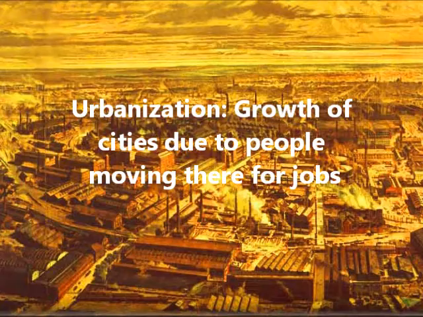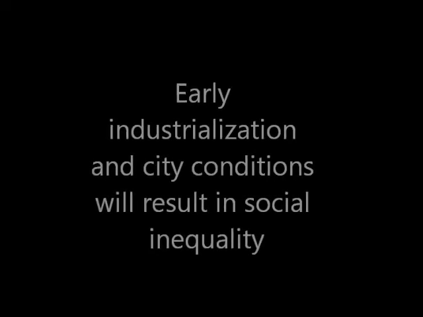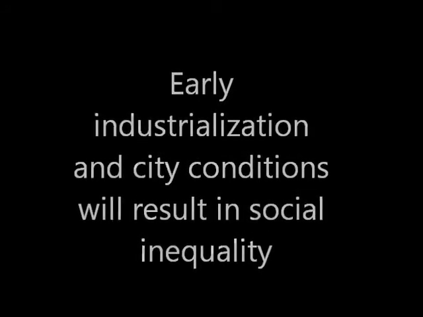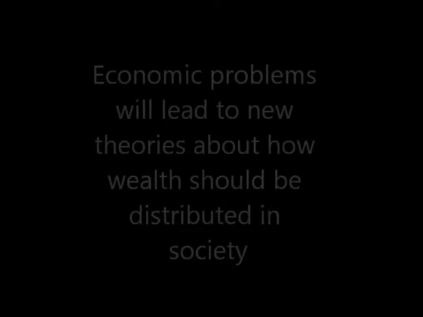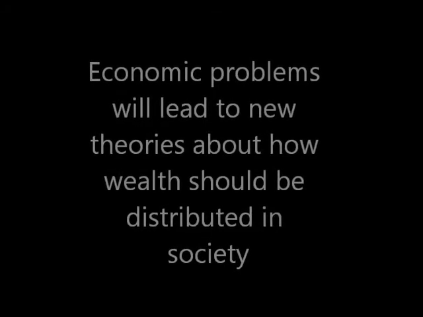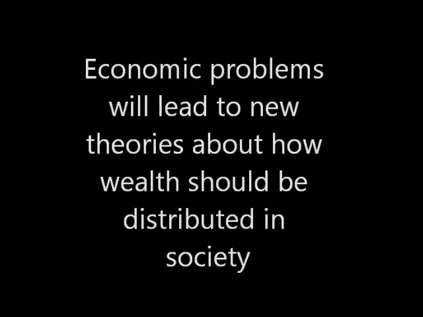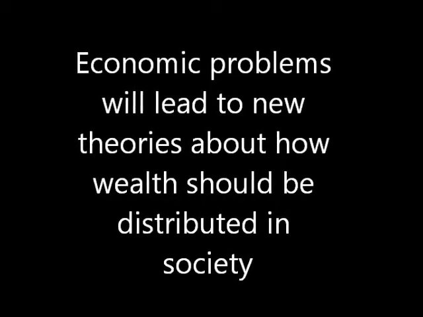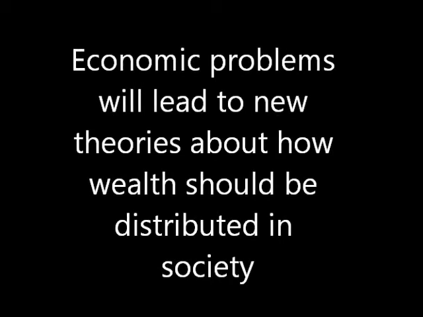What we will begin to see across Europe is the development of mass economic inequality because of early industrialization. These economic problems will lead to new social theories. So basically, the other revolutions that directly resulted in changes in policies in Europe include the Agrarian and Industrial revolutions.